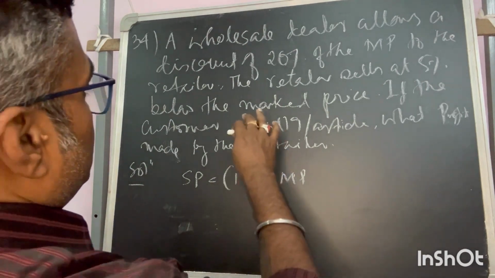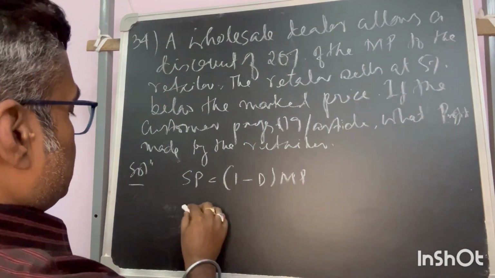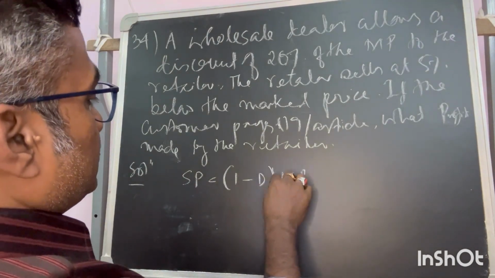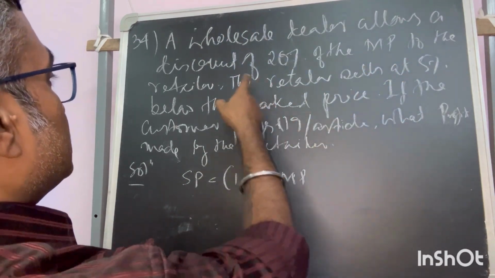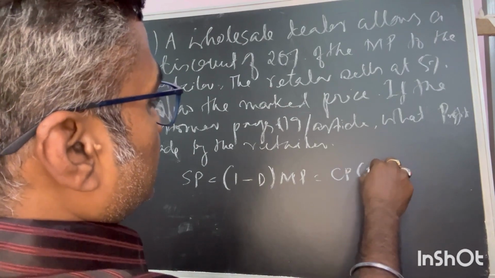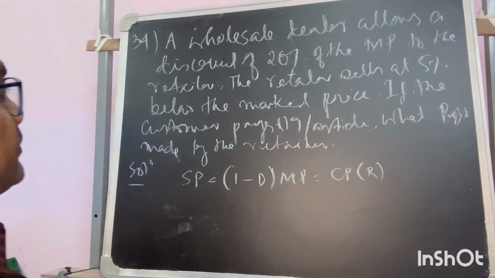So this is the selling price when the wholesaler is selling to the retailer. So this is the cost price for the retailer. This is the wholesaler price.